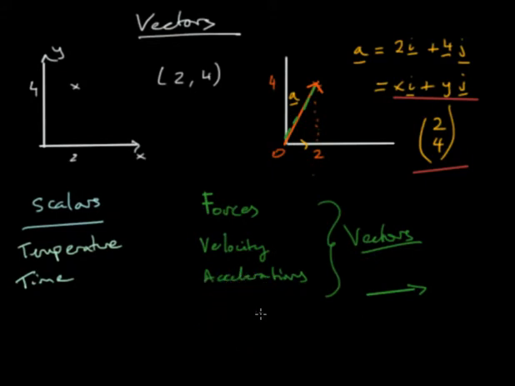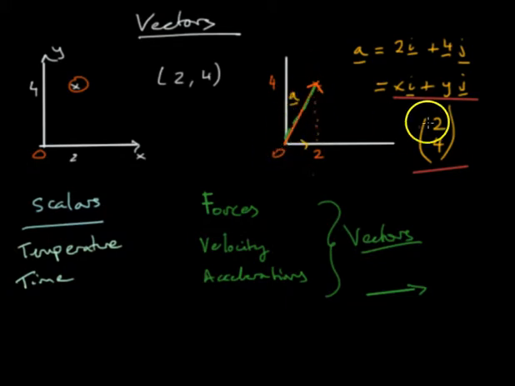Okay, so what other properties about vectors are interesting? Well, even though coordinates like this one are fixed relative to an origin, here's the origin, here's your coordinate, and 2 and 4 are your position coordinates, right? But in a vector, what's interesting is that the origin doesn't matter.